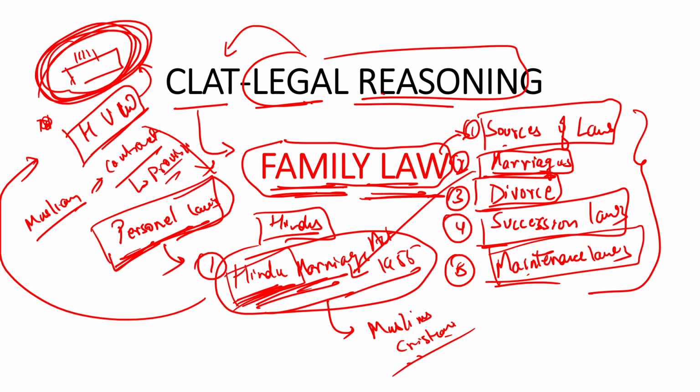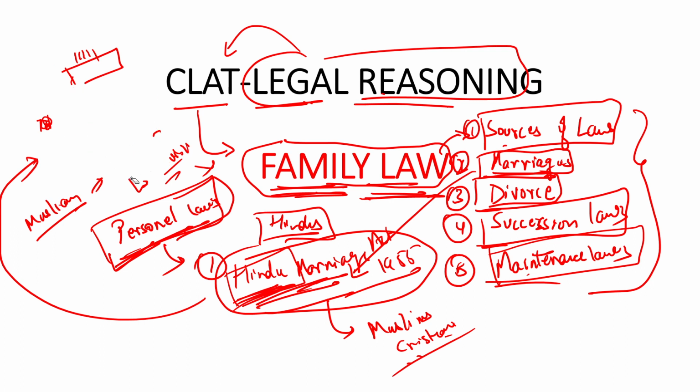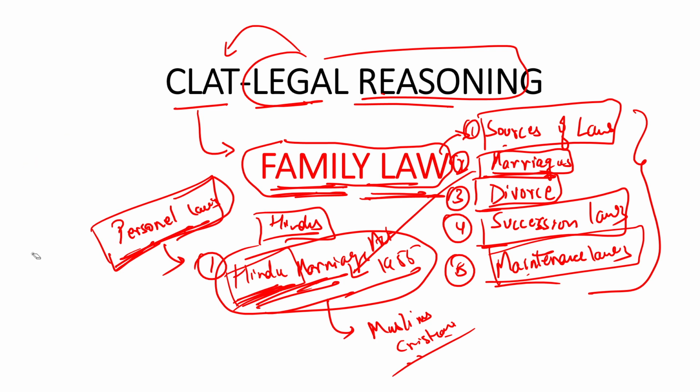So that is why whenever we are talking about the laws which govern the family, which make sure how the marriage will take place, how the divorce will take place and everything, it has to be not governed by something which is universal in nature, but we need to make sure that there is a reasonable classification. We have studied reasonable classification when we were talking about the equality article.